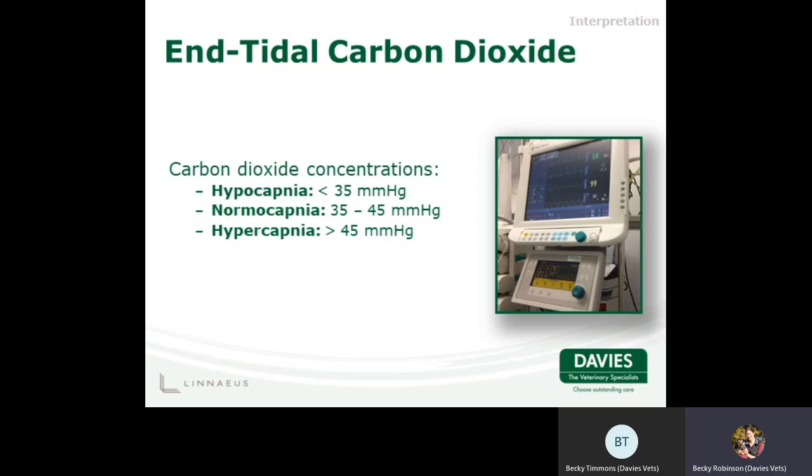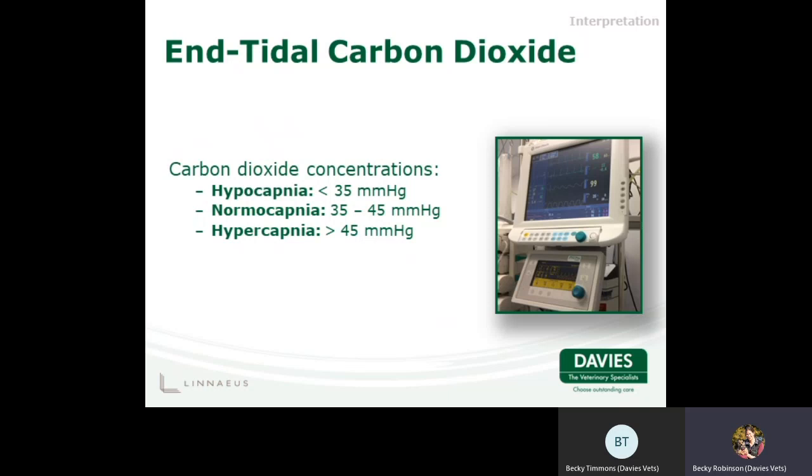However, in most patients, hypocapnia is not desirable as it can result in cerebral ischemia. It's actually really hard to get a patient to be hypocapnic, and it's rarely achievable without mechanical or manual ventilation.